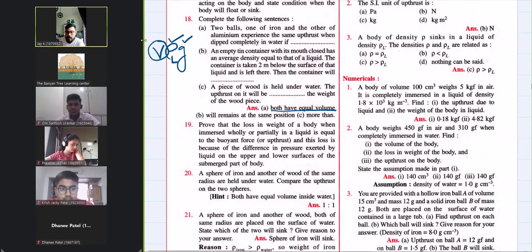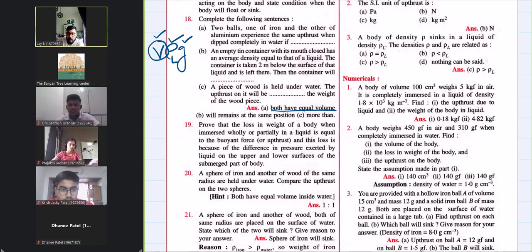Density of liquid will not affect whether it is an iron ball or an aluminium ball. The only thing on which the upthrust depends is the volume. So both the balls should have same volume if they want to experience same upthrust.